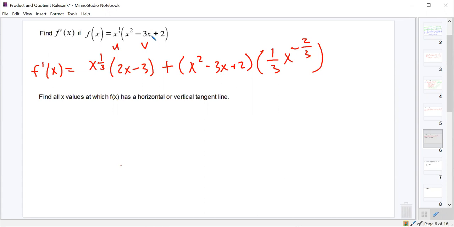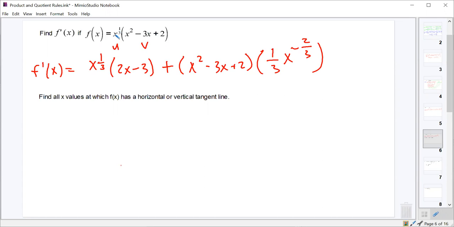Right, so our derivative of v, x squared minus 3x plus 2, gives us 2x minus 3. And our derivative of u, which is x to the 1/3, gives us 1/3 x to the negative 2/3. Everybody good with that? Yeah.